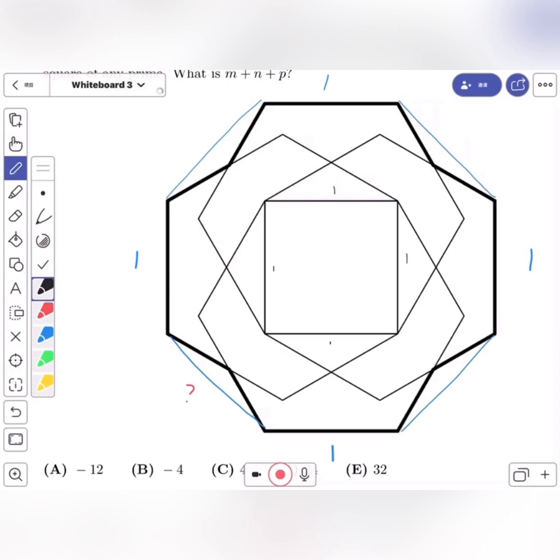However, let's just draw an altitude that goes through the entire octagon. And how are we going to find this?